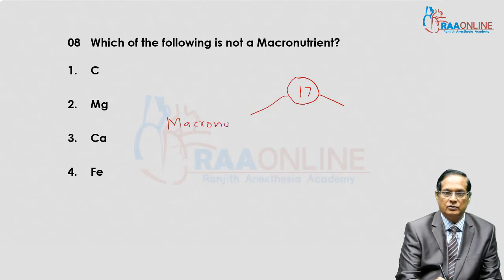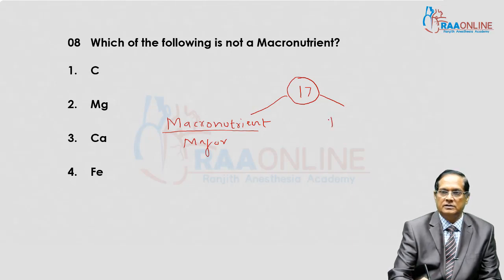Second, those which are required by the plant in minute quantity are called minor elements or trace elements or micro elements.